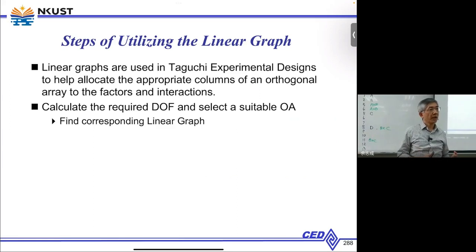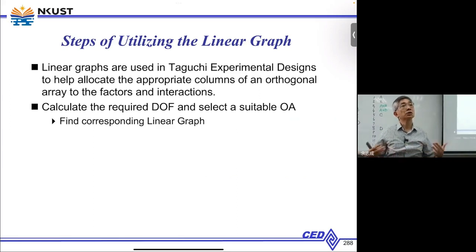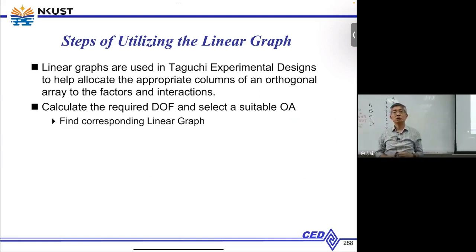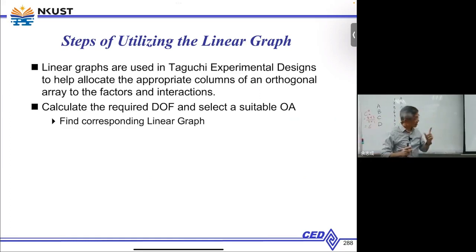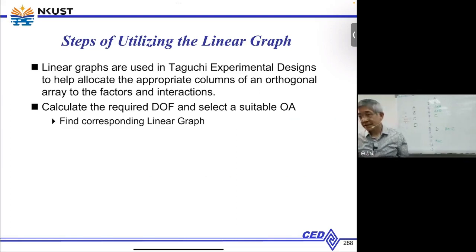If you want to analyze additional variables, you need more equations. Similarly, in each experiment, you can assign the combination of your factors into the model and get one equation, right? Similarly, you can get the equation from interaction, where I don't introduce the detail. But the idea is the same.